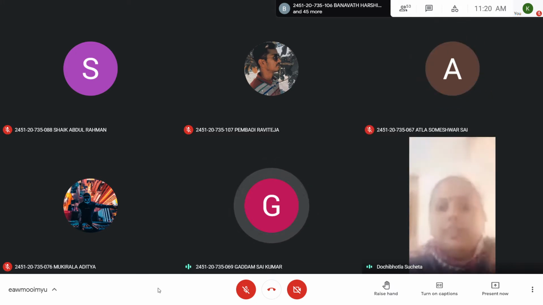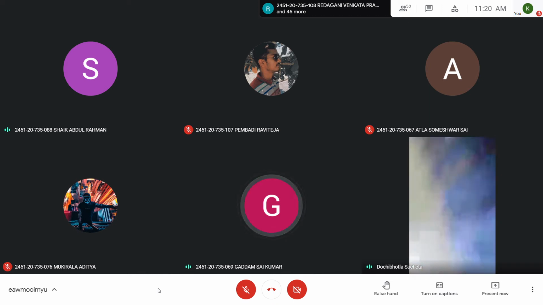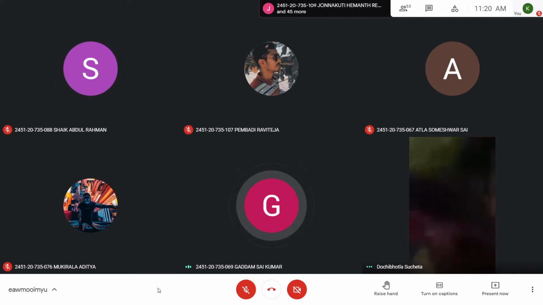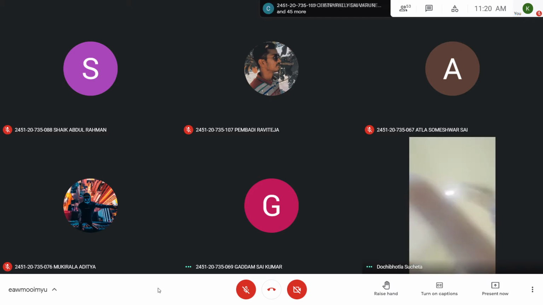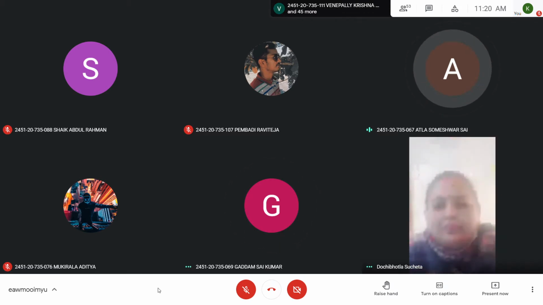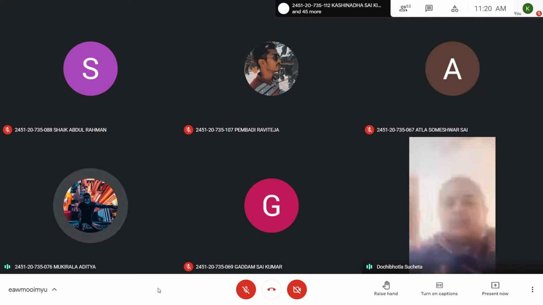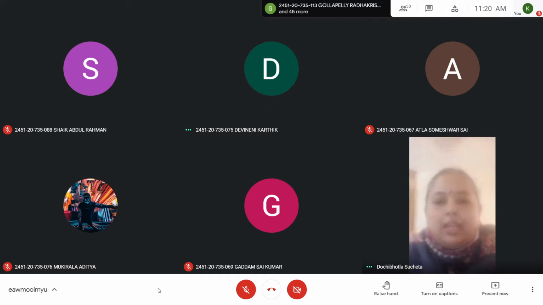Primary batteries cannot be recharged, that is, use and throw. They have less lifetime and are non-rechargeable.